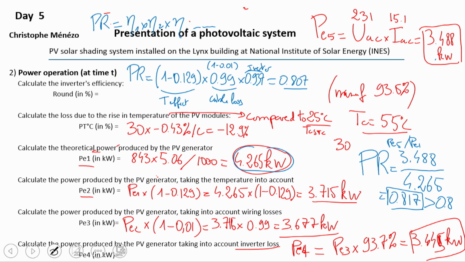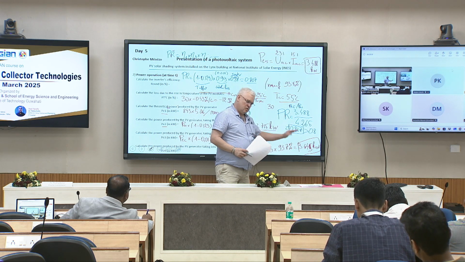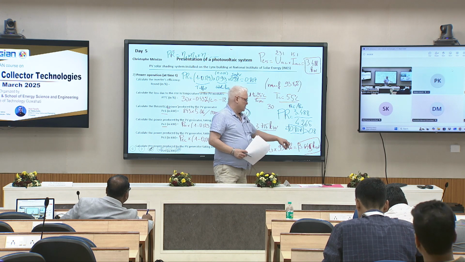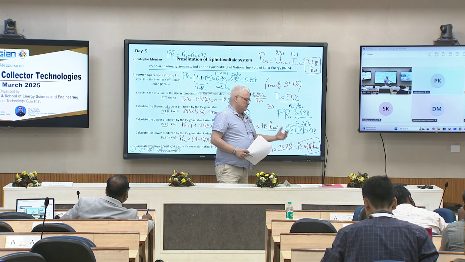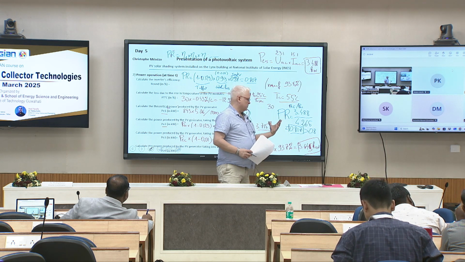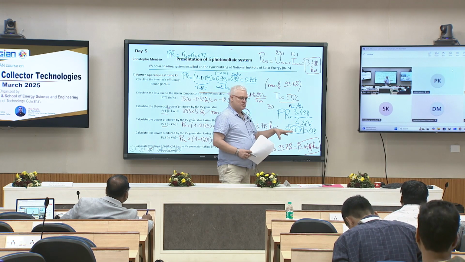Why is it not exactly the same? Because I told you previously that there is a chance that my loss due to cable is under 1%. So yeah, I find more because in reality, the assumption that I've made that 1% of power was lost in the cable is not really true.